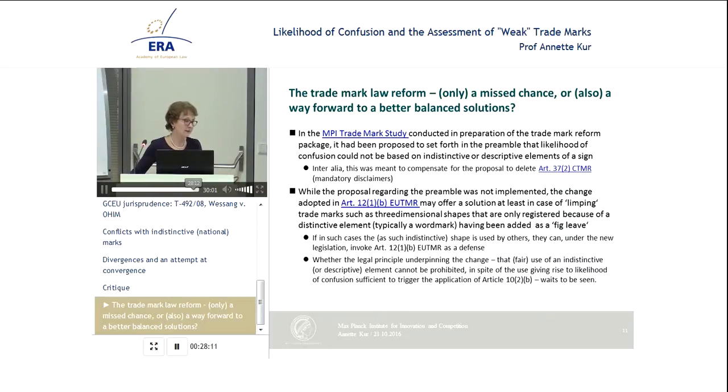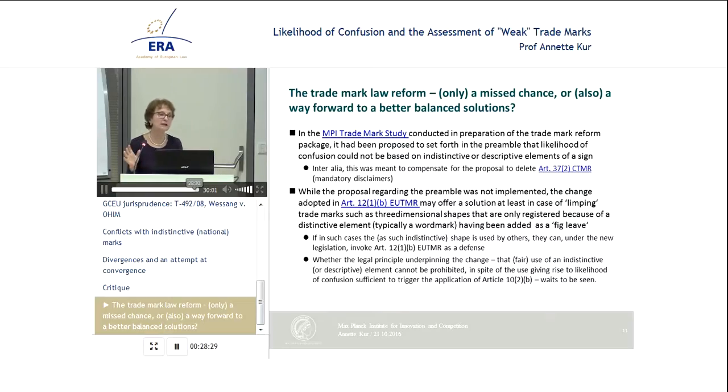So, for instance, the golden bunny, if I may take this example, I don't want to hurt anyone's feelings. I don't know whether somebody is here in the room representing Lindt & Sprüngli, but let's take that example.